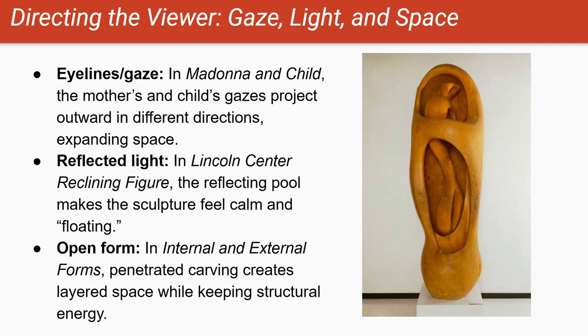Another good example is the Lincoln Center Reclining Figure in the reflecting pool, which makes this sculpture feel calm and floating. And another one that we saw in the beginning of this presentation, the Madonna and Child, is also a good example, where the mother and child's gazes project outward in different directions, which expands the space for the feel.